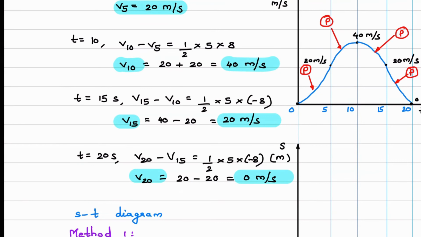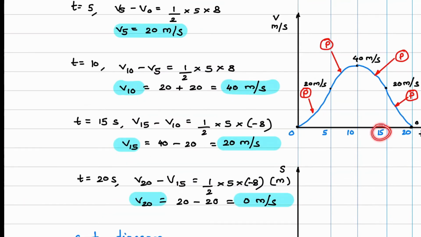Now next point is 15. So we have to calculate S15. So change in displacement S15 minus S10 is area under this VT curve. What will be this area? Area of this rectangle, which is 5 into height is 20, plus it is inside the curve, so it will be 2/3 of base is 5 and height is 40 minus 20.